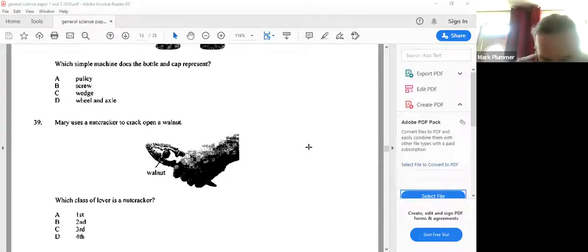Technically, I had a look to check this to make sure, a nutcracker is a specialist first class lever, but it doesn't give you that option there. So the answer to number 39 is of course A, because it's a first class lever. The reason I said that is try not to get too bogged down in it. Go with the answers and the options that they give you in the questions.